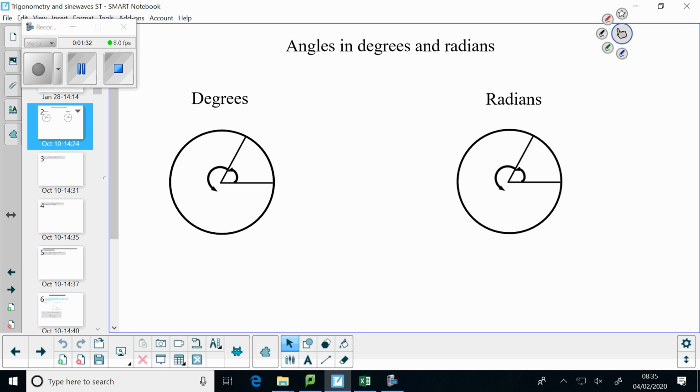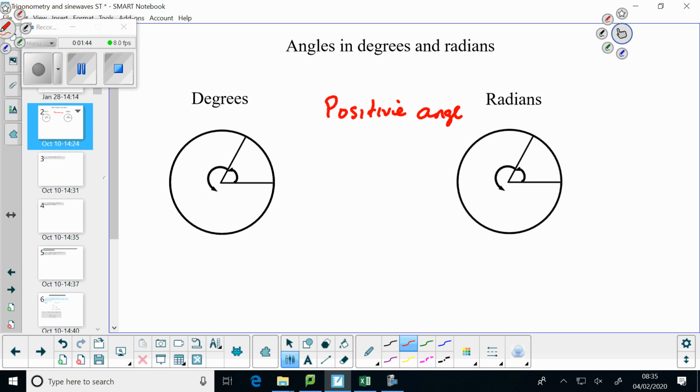We always talk about positive angles as clockwise around a circle. If we talk positive angles going round that way, negative angles are anti-clockwise.